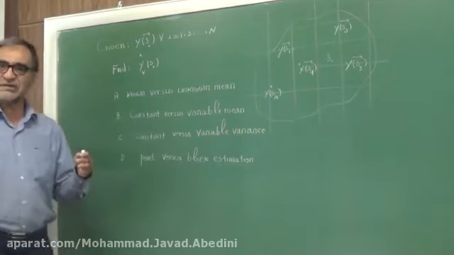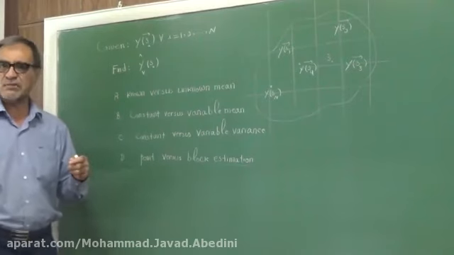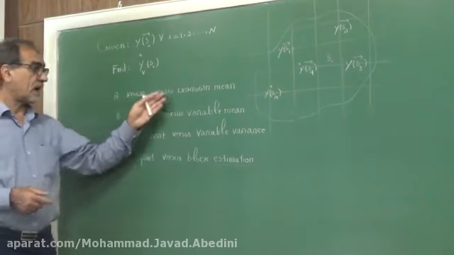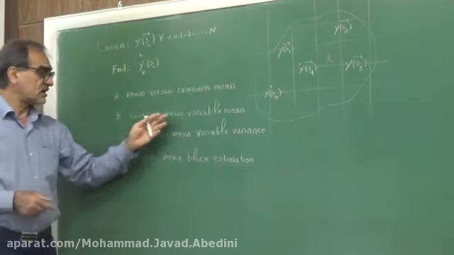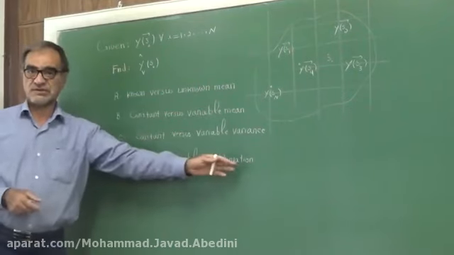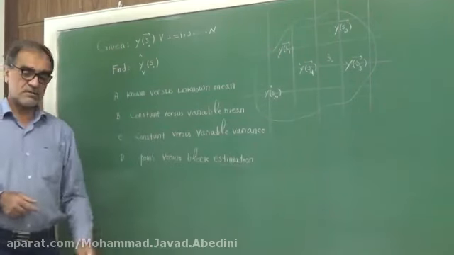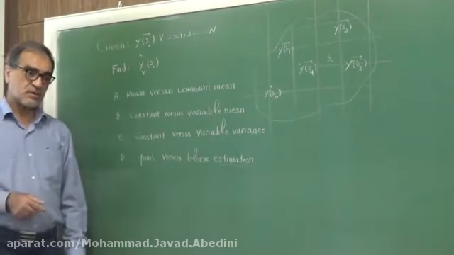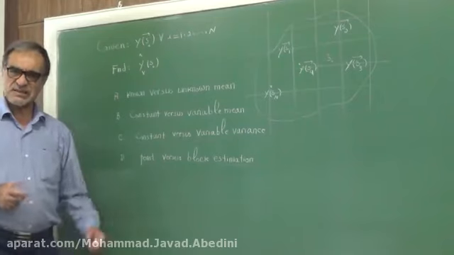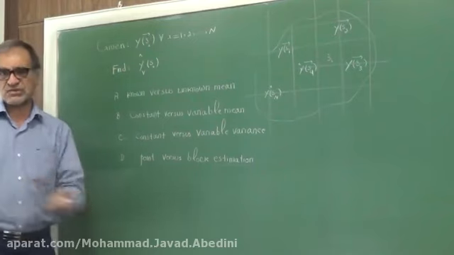The second possibility, or I would say the 10th possibility or scenario, could be unknown mean, constant variance, block estimation. We will call the 9th scenario block simple kriging, the 10th scenario block ordinary kriging, and so on.